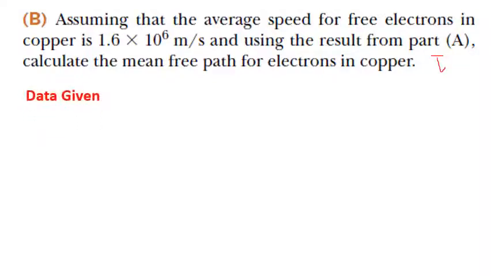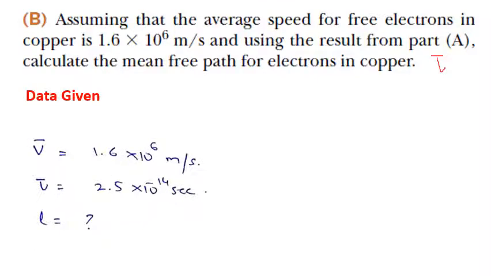So what we have is the value of the average speed for free electrons, then tau from part A. We have to find the mean free path, that is represented by L over here.